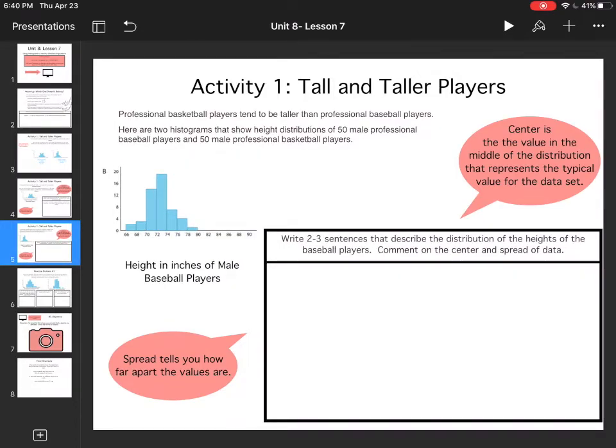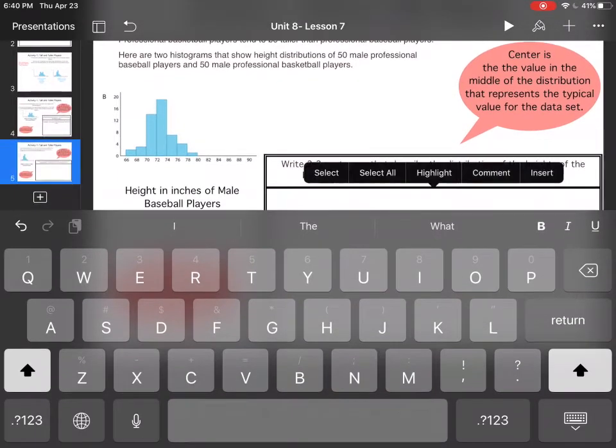So now it says, write 2 or 3 sentences to describe the distribution of the heights of the baseball players. Comment on the center and spread. All right, so if I look at it, it goes from 66 to 80. So that's about 14 inches, right? Yep.